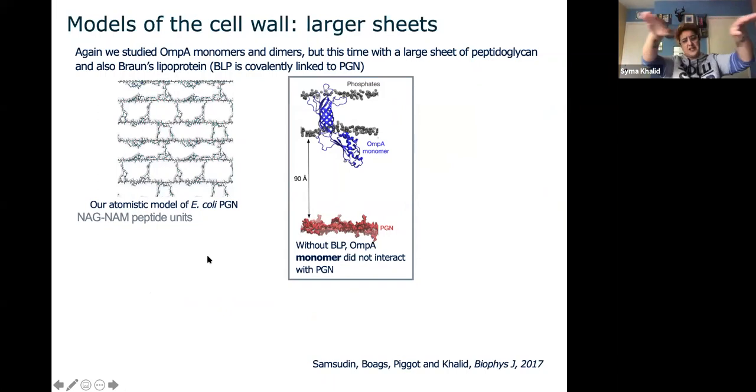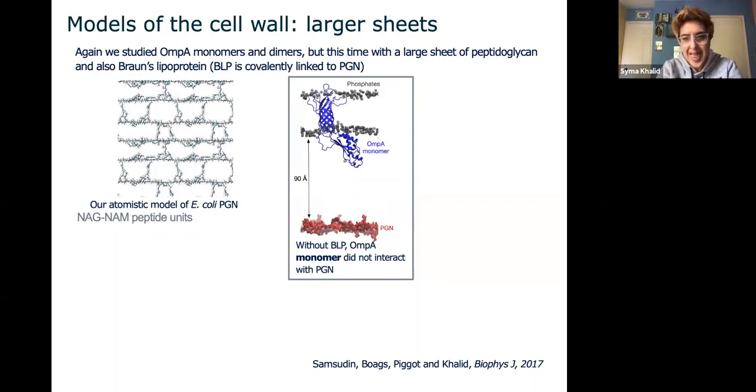So it's a flat structure, it's continuous in 2D. We set the system up where we take a monomer of the protein, and we started the simulations by placing it at about 90 angstroms from the cell wall. We took that distance from an estimation from cryotomography data. We ran the simulation, and frustratingly, nothing happened.